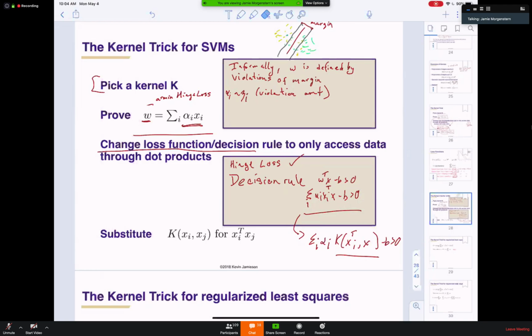There are kernels that take, suppose you have a bunch of points contained within a circle, and those are all in one class. And then you have a ring around them from the other class. That's not a linearly separable set of points. There's no linear separator in R2 that does any good job at making classification decisions.